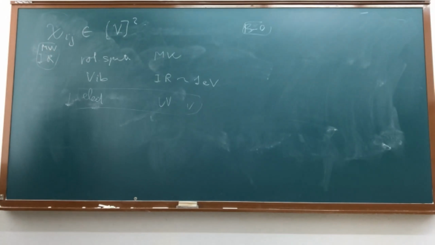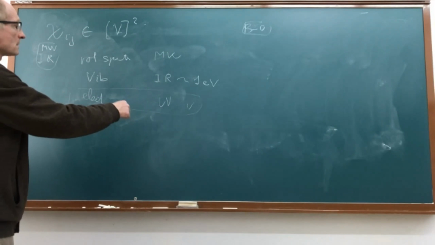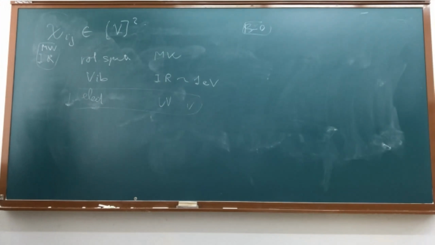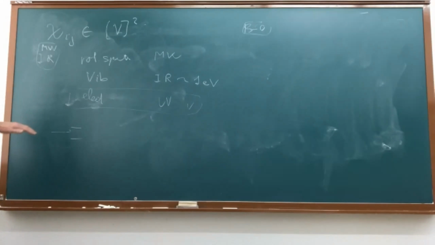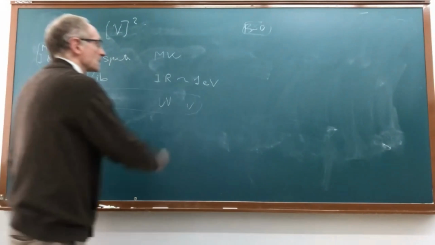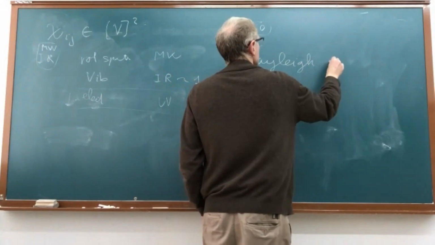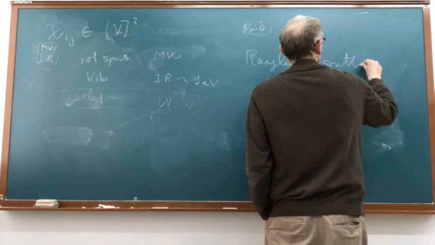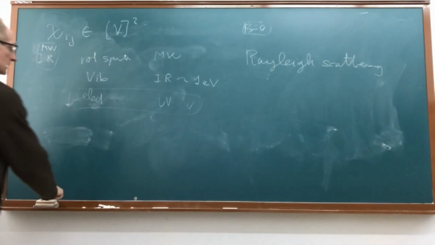However, we are not going to speak of resonant absorption by the electronic cloud or of resonant emission. If you really want to know something about the electronic spectrum of the molecule, you need to have resonant absorption or emission. Instead of this, we are going to consider something which is called Rayleigh scattering, which, as you know, is responsible, for instance, for our blue skies.